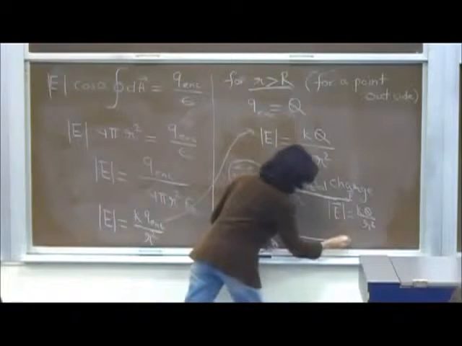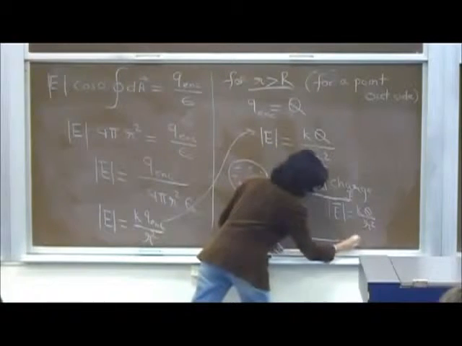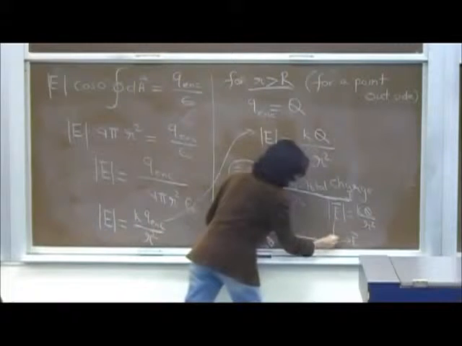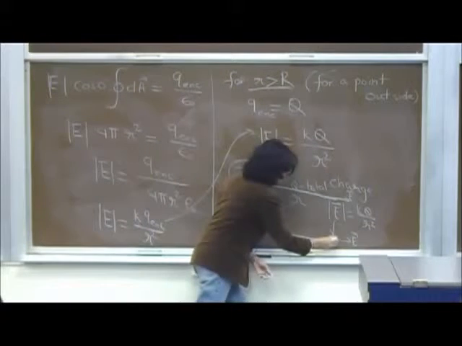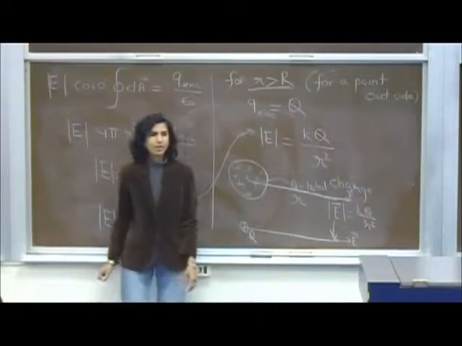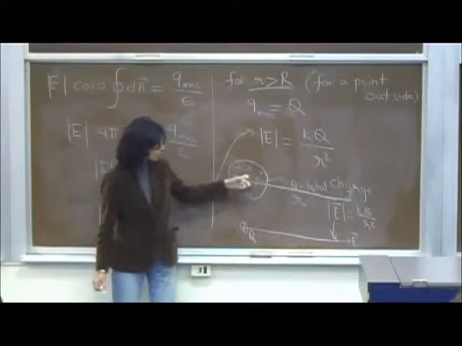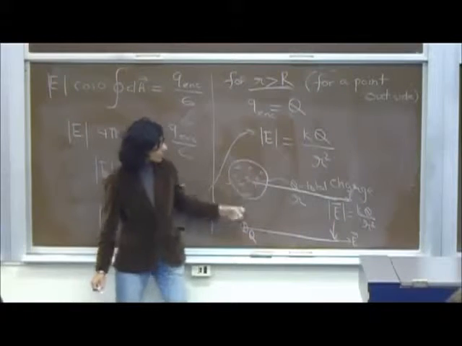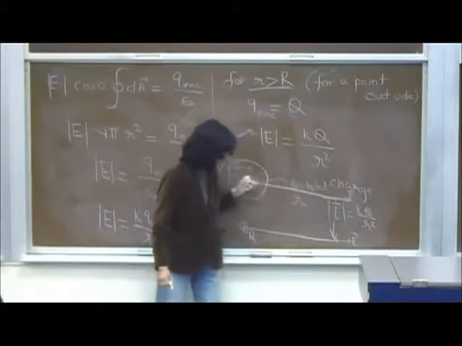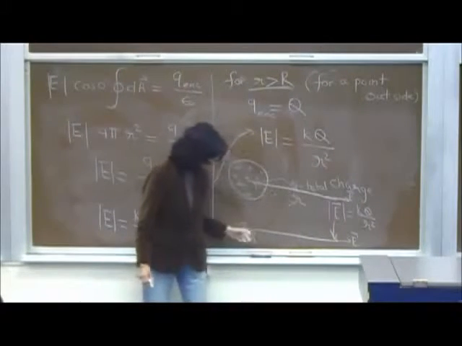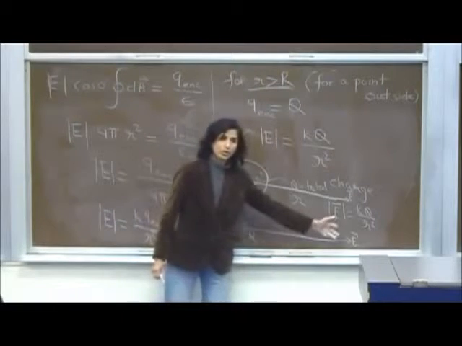The electric field is going to be radial in this case also, and its magnitude is given by the same expression. Is everybody understanding that for a volume distribution of charge also, so long as the charge is uniformly distributed inside the volume, if you're finding the electric field at a distance r from the center, it's going to be exactly like the electric field due to a point charge.